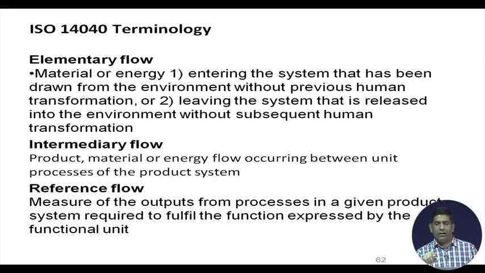When we say without previous human transformation, that means these are the very basic raw materials that you are collecting from the mines. You have not made any changes to them. Once it goes to a smelting plant, we start making changes to it. So here we are talking about the basic material just coming from Mother Nature in terms of the input parameters.